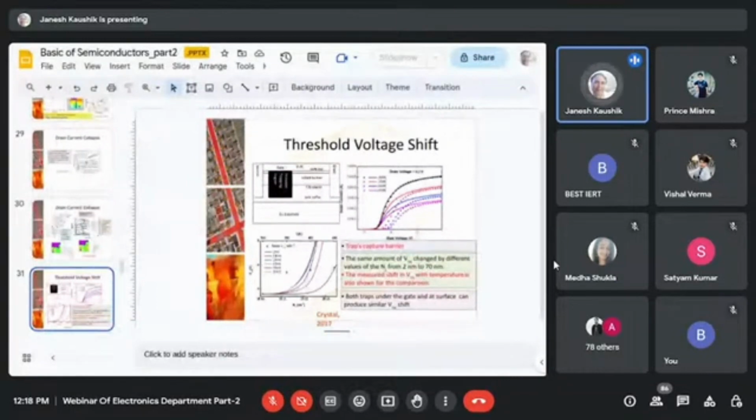So my view is that because the 2DEG concentration mainly originates from the surface states, it will be most severely affected by the surface states only, and then the bulk traps which are present near the channel.